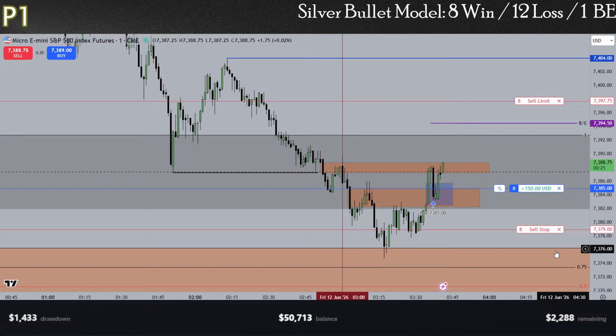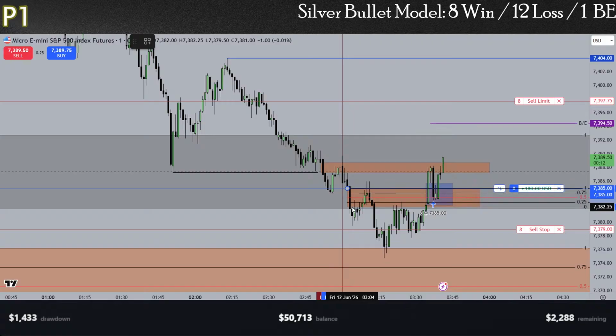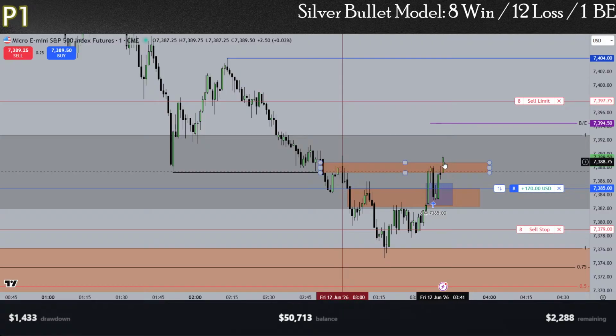All right. I like also how it left a portion open here on this busy. That's very, very nice to see. And now we are rallying above this higher inversion fair value gap. So if we can close above it, and it looks like we just did exactly.